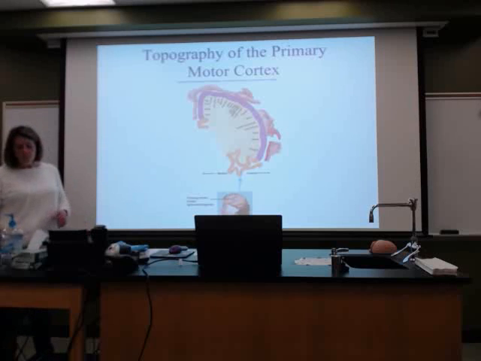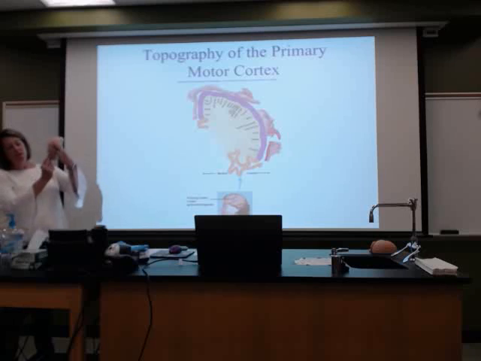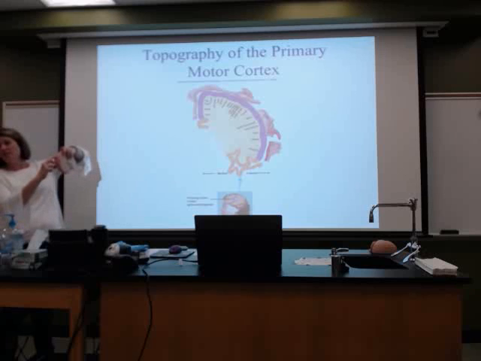So, these two areas, okay? And then just, if this one is our motor, this was our association area. If this one is sensory, this is the association area for sensory.